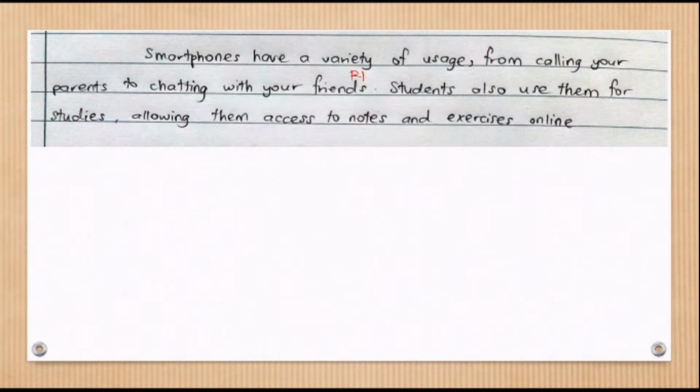Then he put it in specific by stating the reason why students should have smartphone, because it allows them to use it for study. They can access notes and online exercises. Okay, so this student has answered the first bullet. Okay, very good.